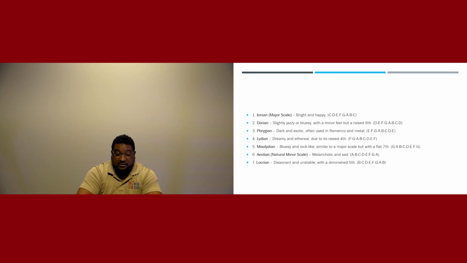Then we have Lydian, which starts on F. The characteristic is dreamy and ethereal due to the raised 4th of it. So we have F, G, A, B, C, D, E, and then F. So our semitones are going to be between 4 and 5, and then 7 and 8.